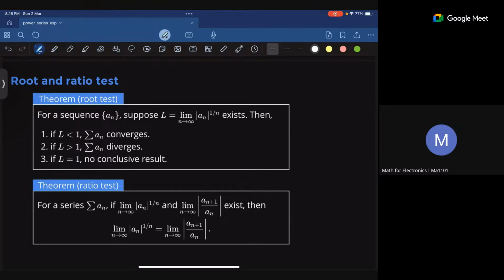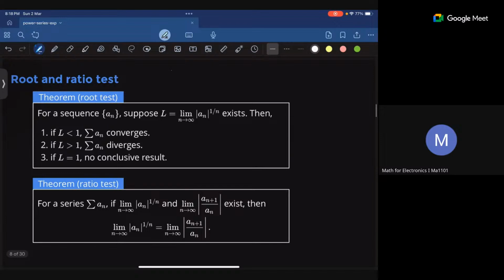All right. So let's talk about some tests which are used to check whether a given series is convergent or divergent. We have a sequence a_n, and we have generated a series from the sequence.